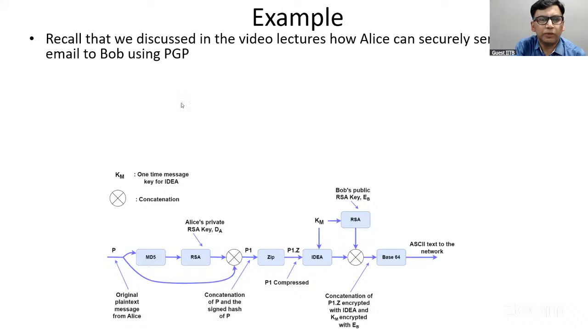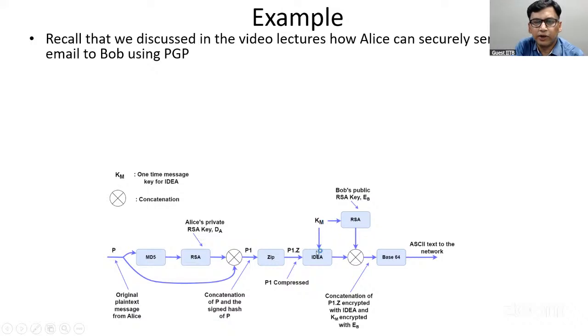Recall that in the video lectures, we discussed how Alice can securely send an email to Bob using PGP. This block diagram was discussed in the slides. P is the message to be sent, and first the message is hashed and then signed with the private key of the sender Alice. The plaintext message is concatenated with the signed hash to get P1, which is then compressed using the zip program.